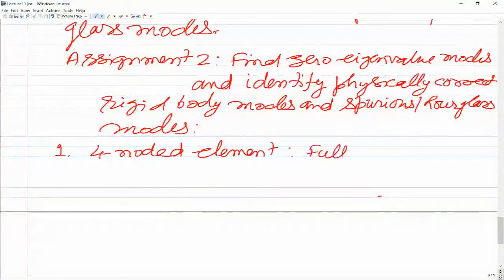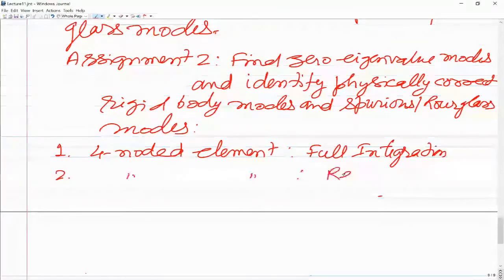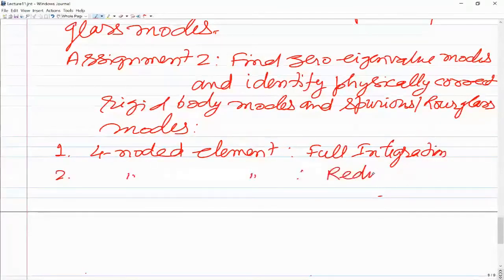One group can just take a single element with full integration. Then for the 4-noded element you can do reduced integration, that is both bending as well as transverse shear stiffness are evaluated using a lesser number of Gauss points. And third, you can have the 4-noded element with selective integration.